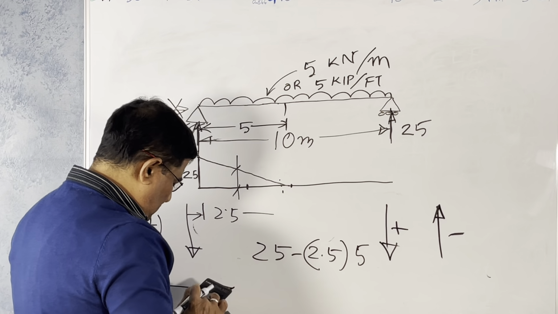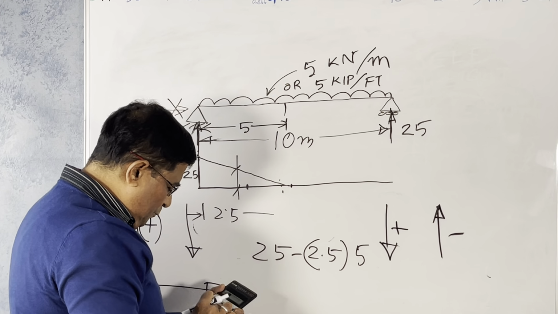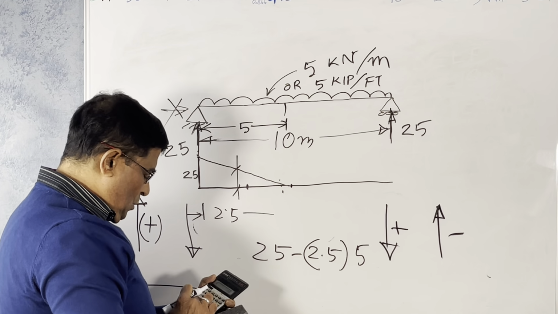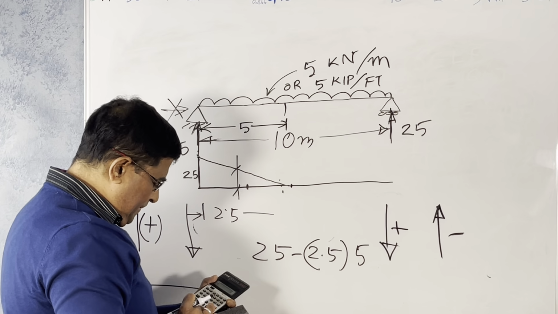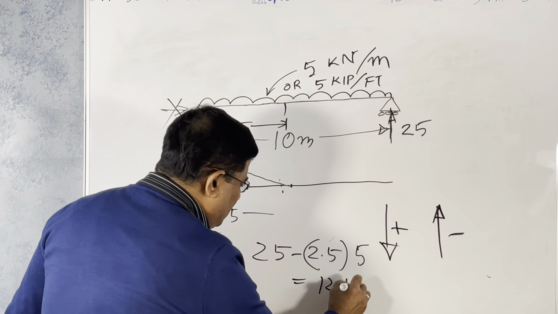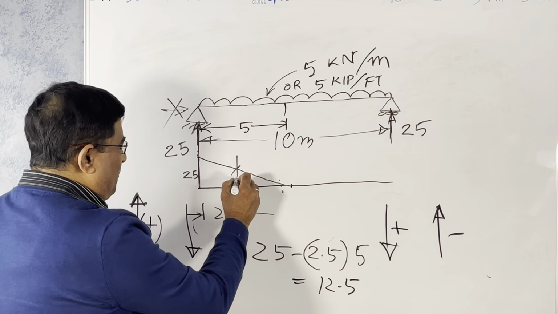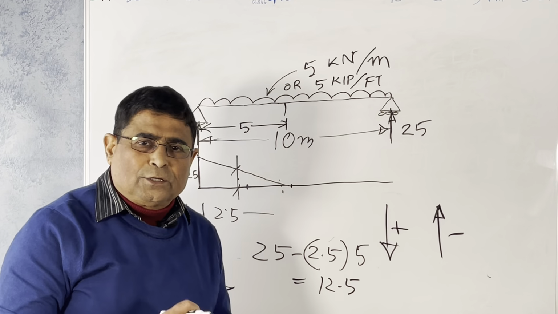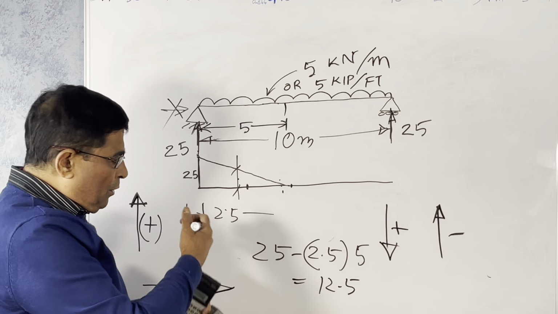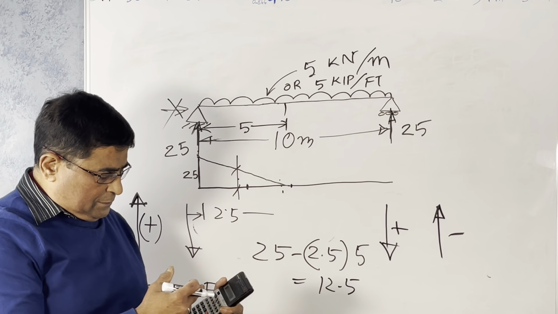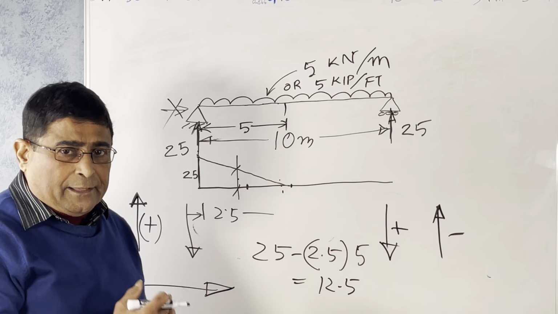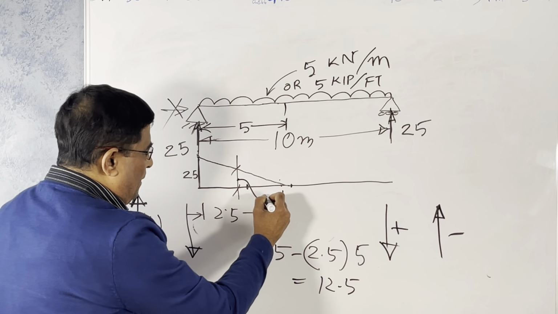If you calculate this, 25 minus 2.5 times 5 is 12.5. I'm using the calculator to show you, I could do it without the computer calculator, but it is always better to use the calculator so you do not make mistakes. So it is 12.5.